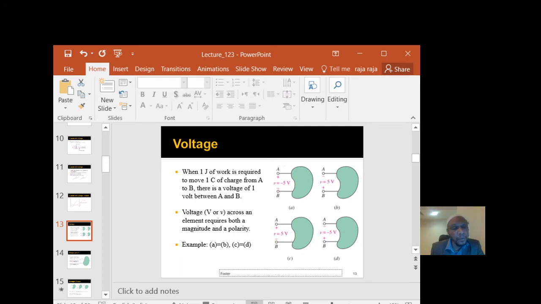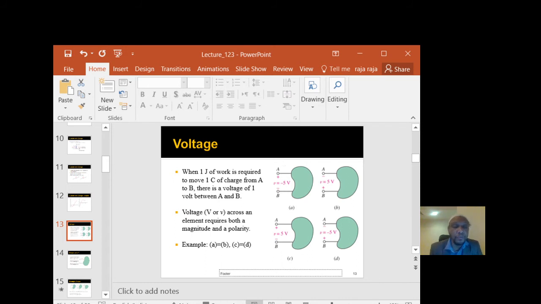For example, suppose we want to move a table from one room to another room. What do you require? You require work, that is, force. For a small table you take it yourself, and for a big table you and your brother or family members take the table and move it from one room to another. Now compare this work with the definition of voltage.